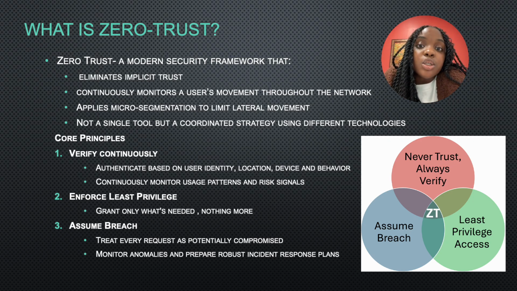To verify continuously just means that wherever you're going within the system, it's being checked. You're always being authenticated to access whatever file you need to access. Applying least privilege means that you are granted only what you need, nothing more, nothing less.